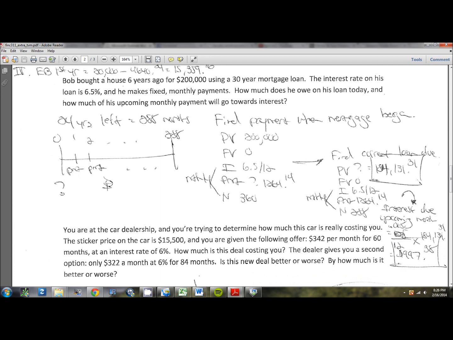I originally had forgotten that myself, so I had to scribble that out there. But it has to be a decimal, so you've got 0.065 divided by 12. This fraction represents your monthly interest rate times the beginning balance for that month. And so his total interest paid is $997.38. So of that $1264.14, $997.38 goes towards interest.